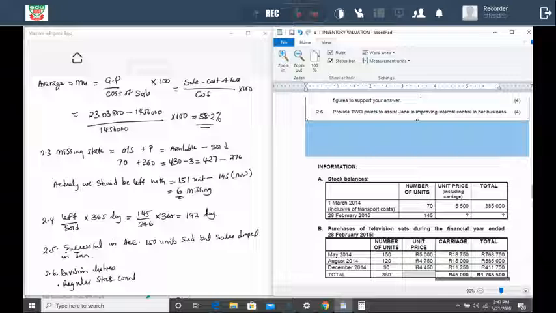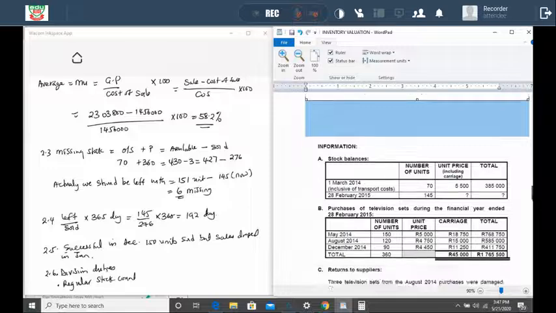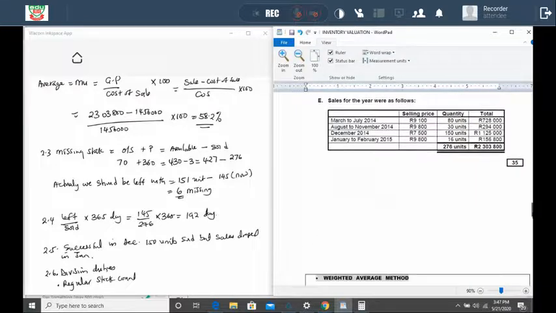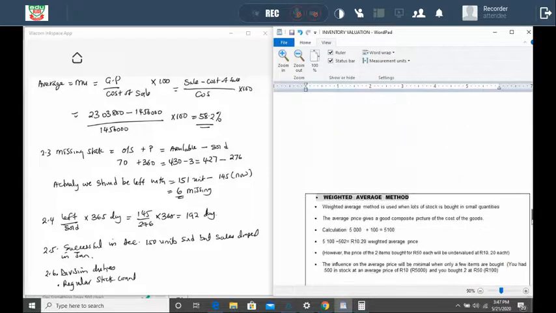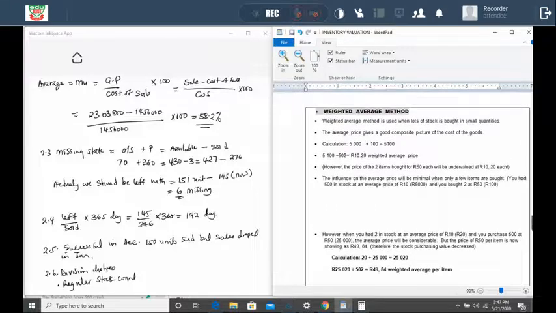So now let's go to the weighted average method. Weighted average is very easy, but you learners, I know that you always say, no, it's very easy. Weighted average, we are just basically calculating the average price. So just look at, imagine that you have 10 brothers.